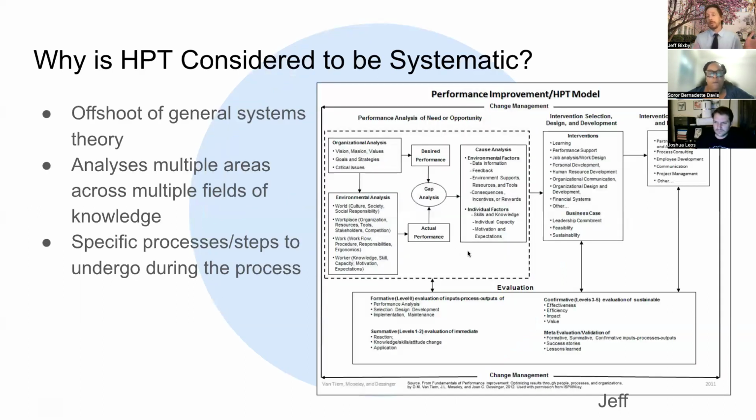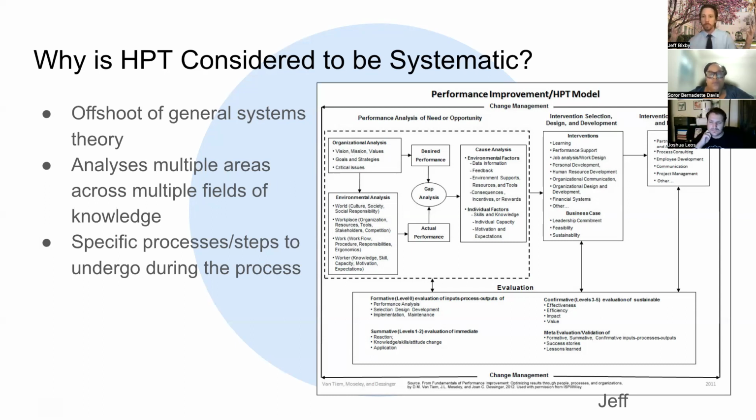And here is a perfect representation of that system from start to finish. This is, I think, literally from the textbook from the class that focuses exclusively on HPT. So you have the performance analysis component, where the desired performance isn't just pulled out of a hat. It is fundamentally based on the organization's mission, vision, values, whatever their goals are.